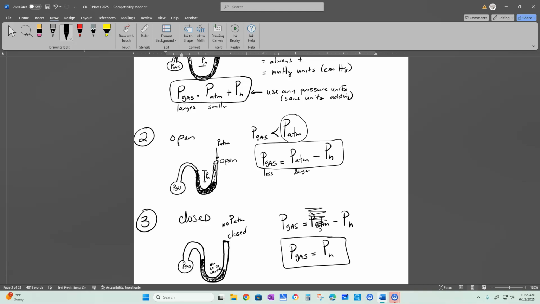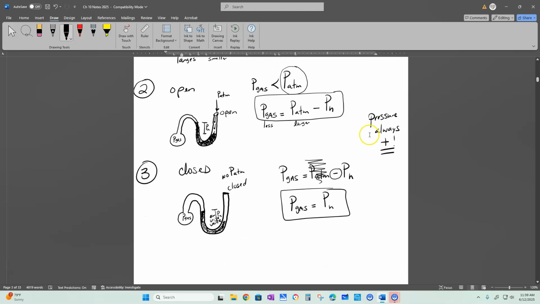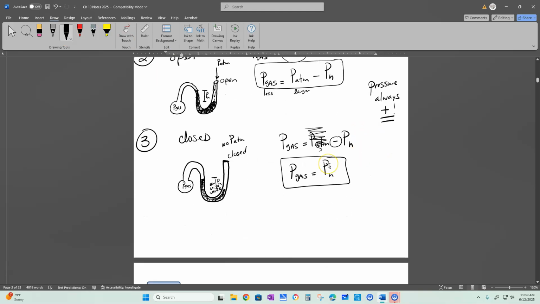So once you determine that height, that is the pressure of the gas. So like I said, that little minus sign doesn't matter. I don't want you to think one's positive and negative because, and make sure you write this, pressure is always positive. It's a force. You can't have negative pressure. You either have pressure or you don't.